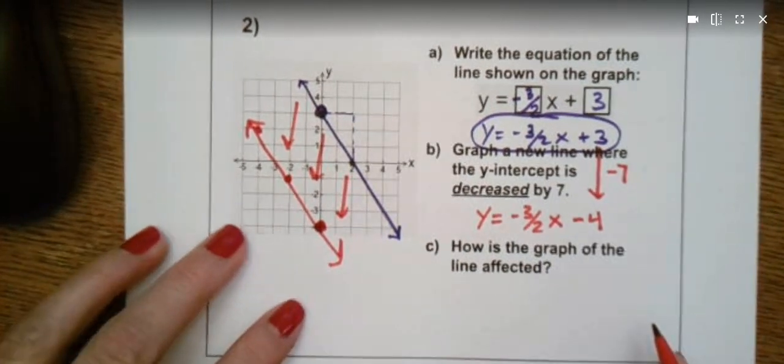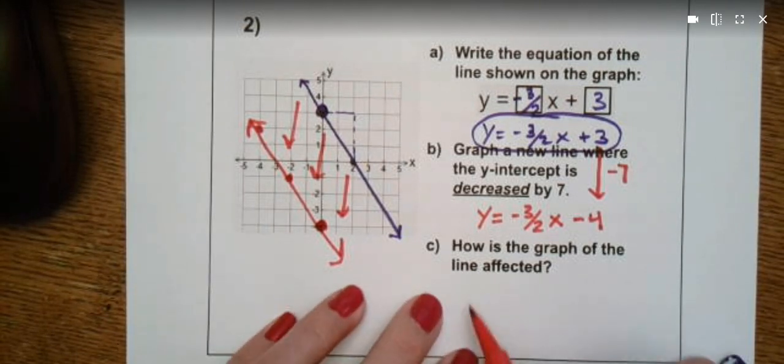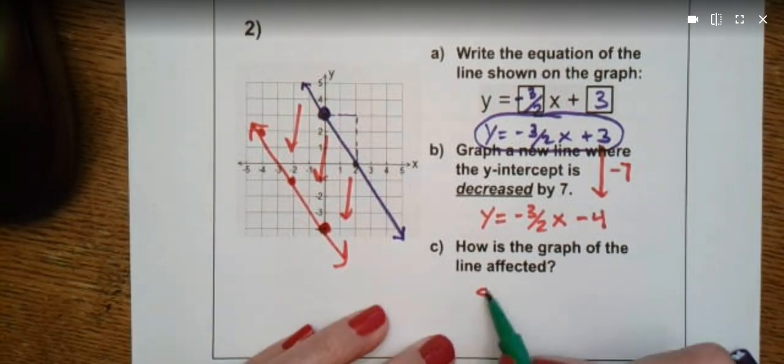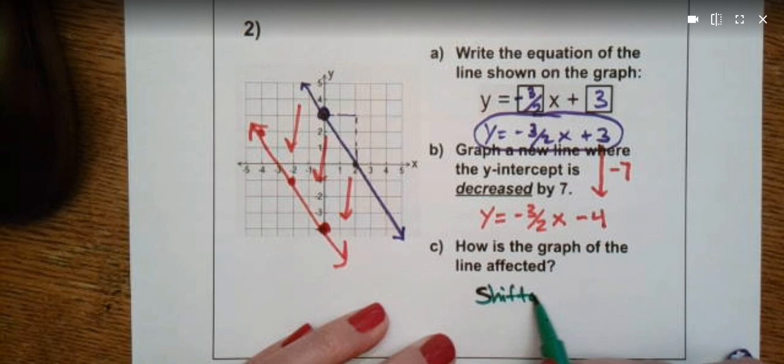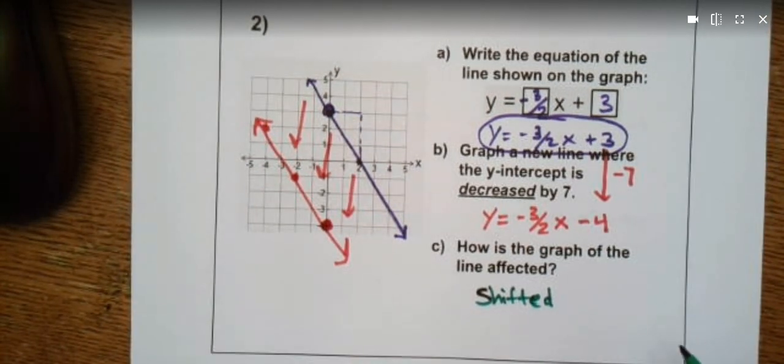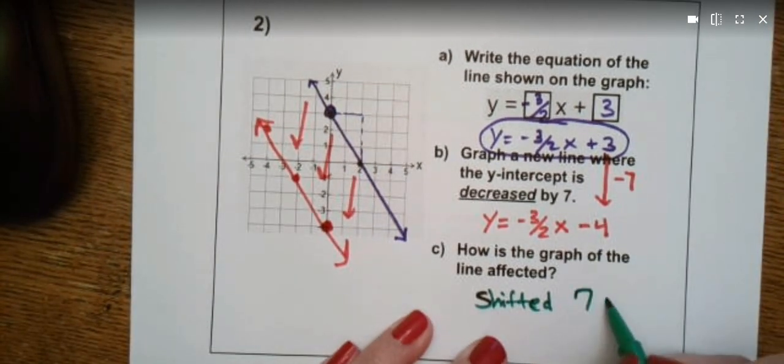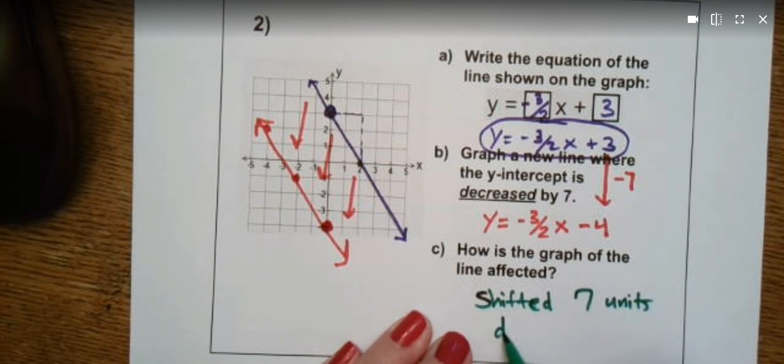So when it asks us how was the graph of the line affected, it shifted, or we could say it moved 7 units down on the y-axis.